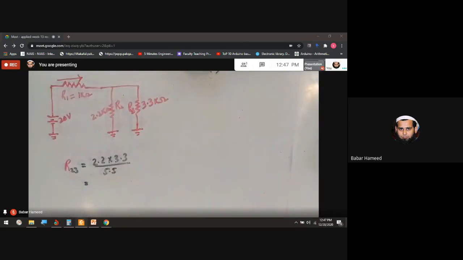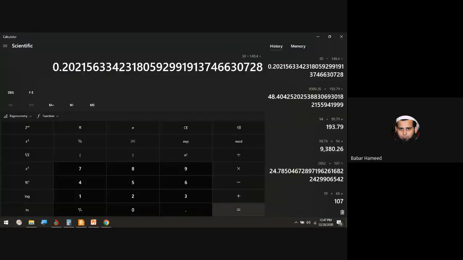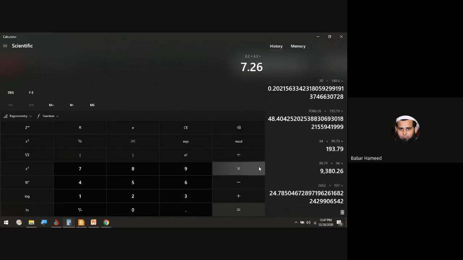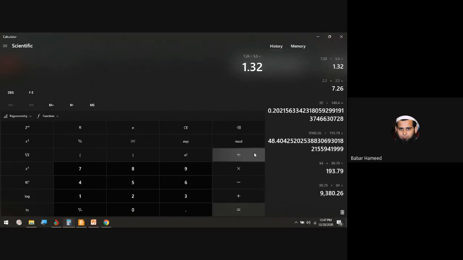Now you are comfortable with direct calculation. 2.2 multiplied by 3.3 will be equal to 7.26, and this 7.26 should be divided by 5.5, and it will result in 1.32 kilo ohm.